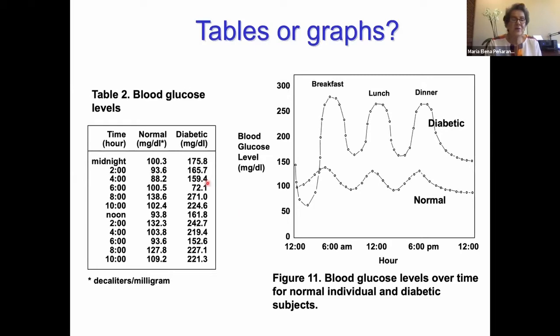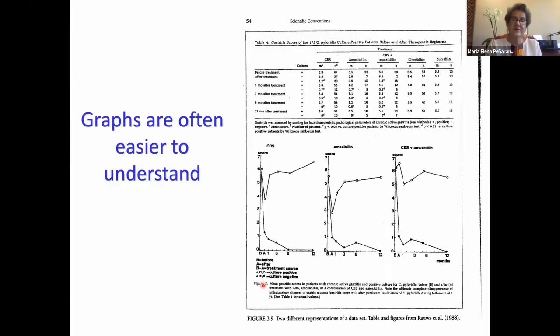So now you know that by breakfast, lunch, and dinner, diabetic blood glucose levels vary versus the normal. So it's easy, direct. You go, oh my God, yes, and then you move on, and the reader will be very happy with this kind of graph.